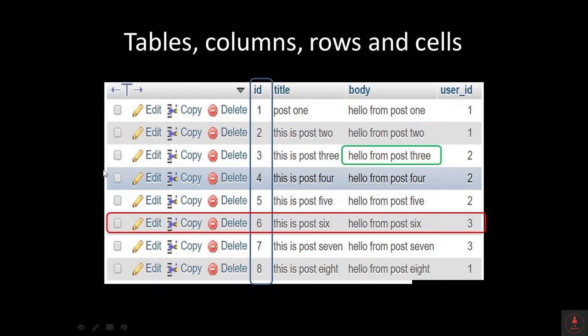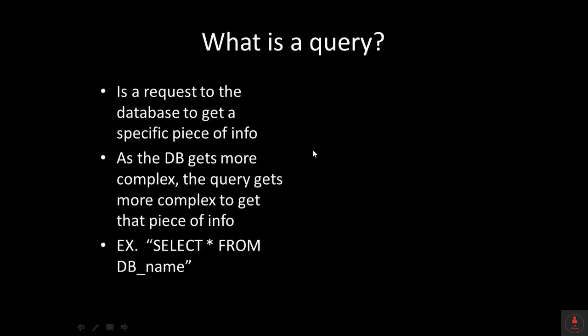This whole structure is a table, this vertical ID is only a column, and this horizontal one, which intersects with the column, is only a row, and this one over here, "hello from post 3", is only a simple cell.